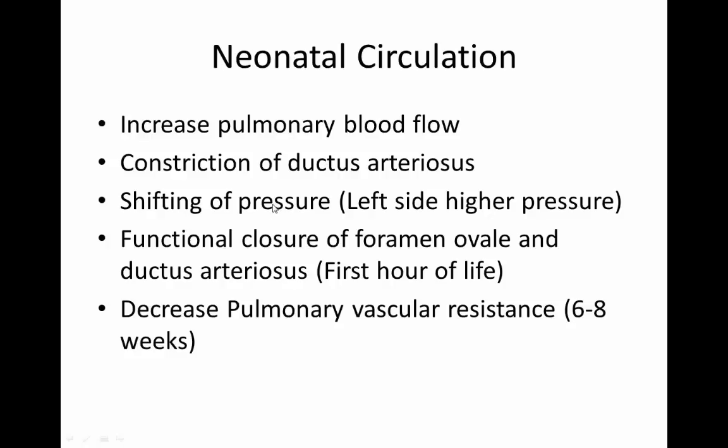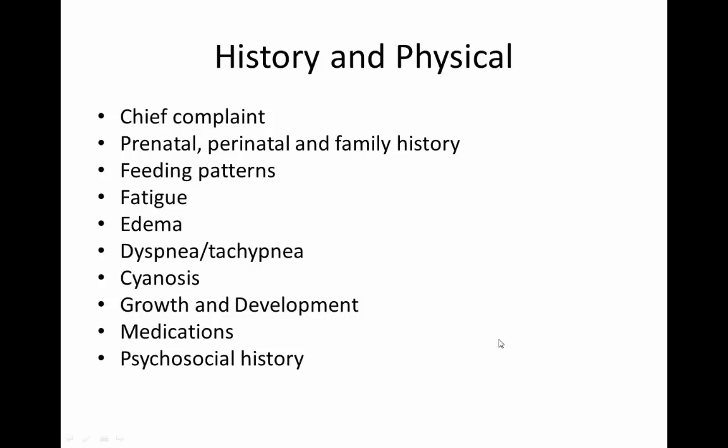Normally, in the fetal circulation, the right side has higher pressure than the left, and as soon as the baby is born, the pressure in the left side will be higher, the same as adults. Therefore, there's a functional closure of the foraminal valve and the ductus arteriosus in the first hour of life, and there is a decreased pulmonary vascular resistance by 6 to 8 weeks of life.